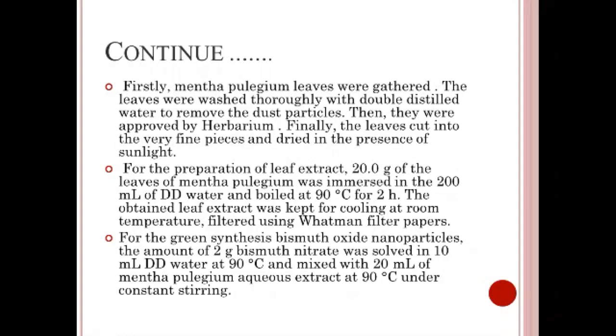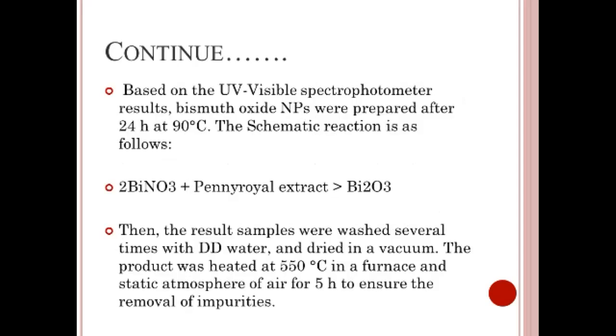Then, for the green synthesis of bismuth oxide nanoparticles, 2 gram of bismuth nitrate was dissolved in 10 ml of water and heated at 90 degrees Celsius and was mixed with 20 ml of Mentha pulegium aqueous extract that we prepared in the last step. Both were mixed at 90 degrees Celsius under constant stirring.